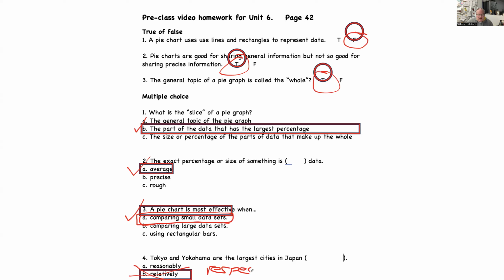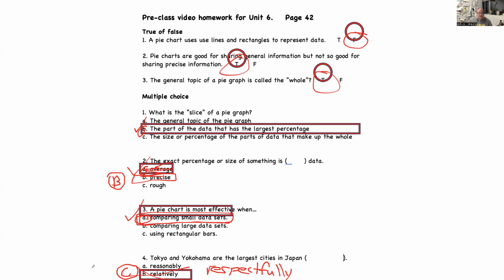So it should be C, respectively. Okay, so the answer would be C. Okay, so it should be B, A, A. Nope, this should be B. Precise. I'm sorry, this is a really bad video. Sorry about that. So it should be B, B, A, C. False, true, false, B, B, A, C.